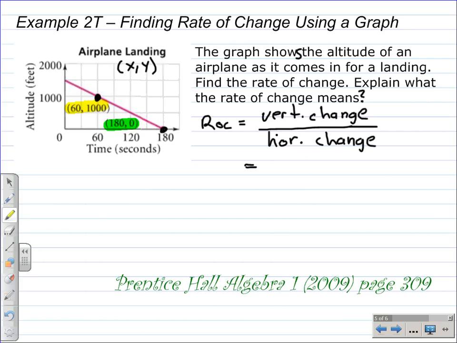So the y values here are 1000 and 0. To find that change, we subtract. So 1000 take away 0 over the horizontal change. Now the horizontal change here is 60 to 180. Starting at 60, we'd go 60 take away 180.